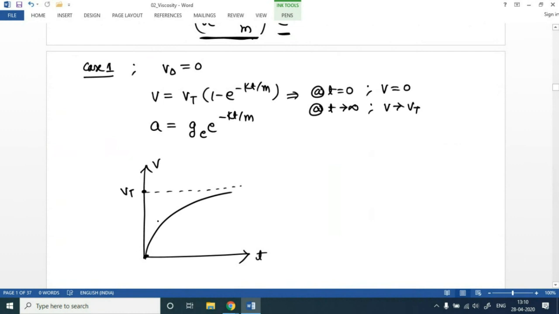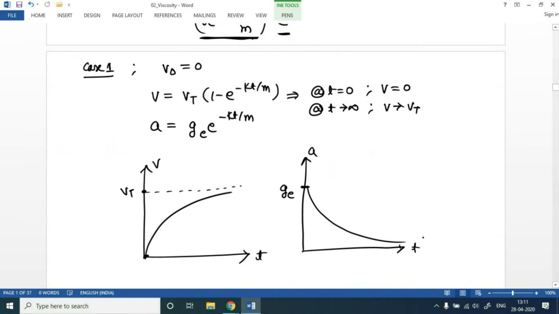So after a very long time, this body will be moving with terminal velocity, and you should realize the A versus T graph also. For the A versus T graph, the initial acceleration is nothing but g effective, which is exponentially decreasing. So after a very long time, the acceleration will become 0.